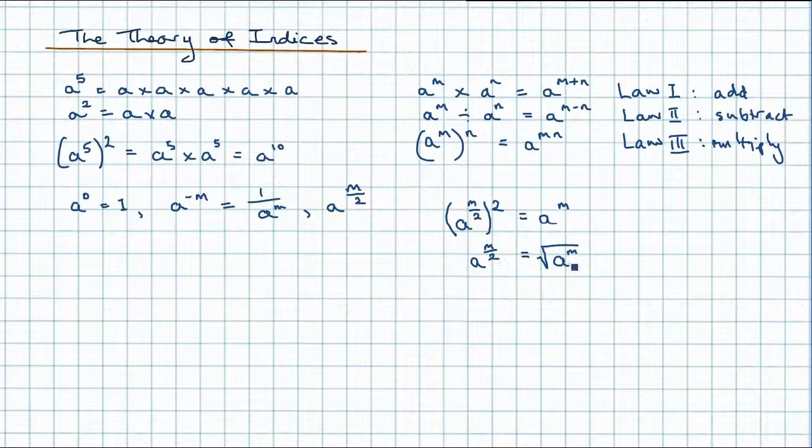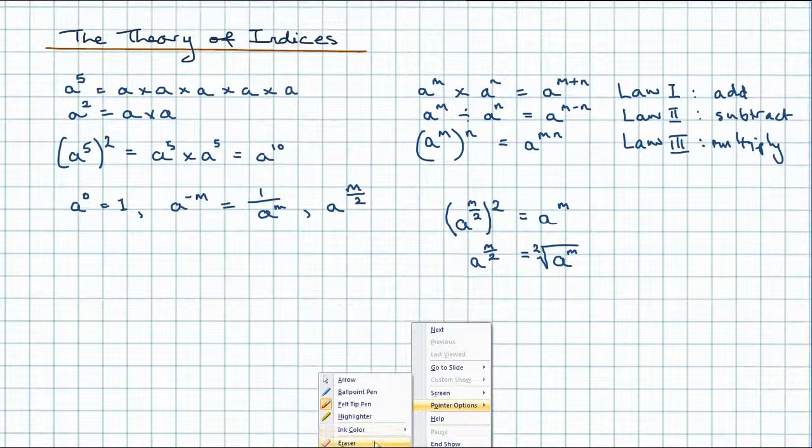So what that means is, and if I put a little 2 here, you should be able to see what's going on, that number in the denominator becomes a root, if you like. It becomes this rooting. So when we've got a number in the denominator, when it's a 2, it becomes a square root.